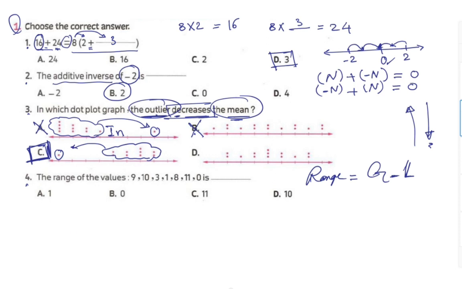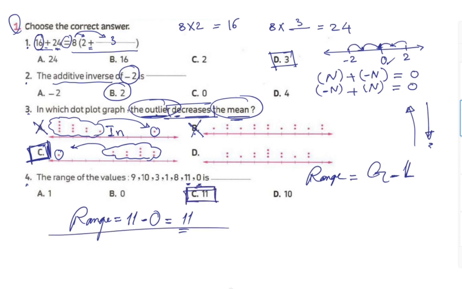Where is the greatest value? 11 minus the smallest value 0 equals 11. So the range is 11, so choose point C.